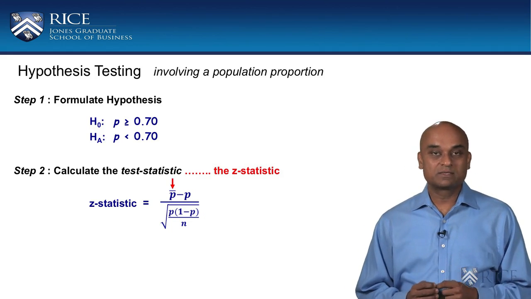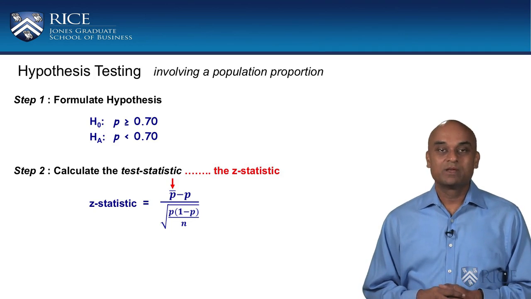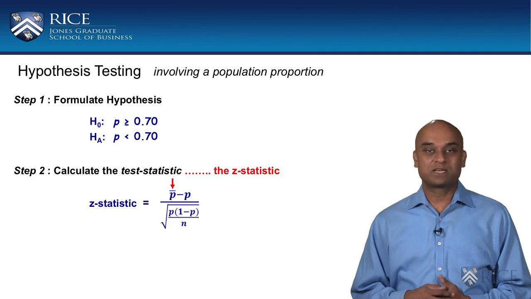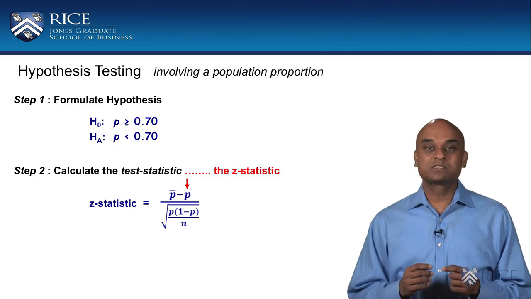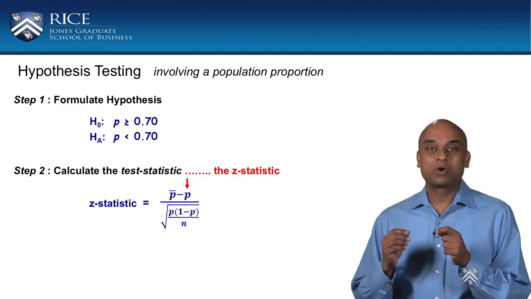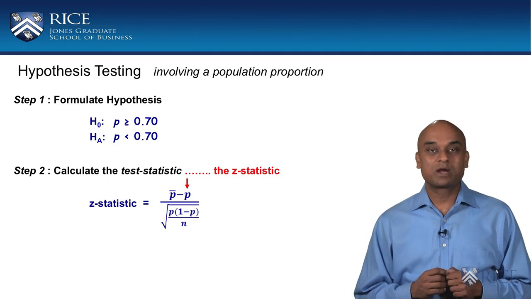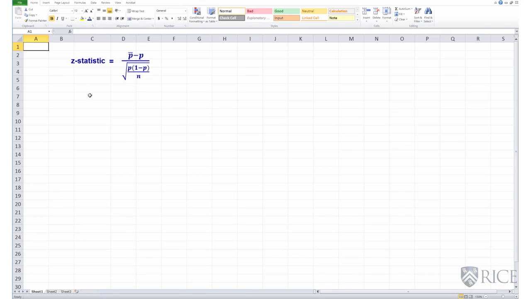P bar here is the sample approval proportion obtained in the survey, which is 0.68. P is the hypothesis population proportion around which we wish to conduct the hypothesis test. To calculate the z statistic, we need a value for p bar, which is our sample proportion.